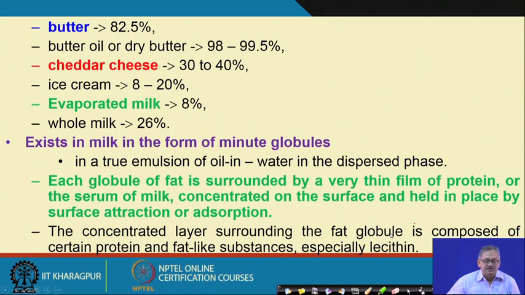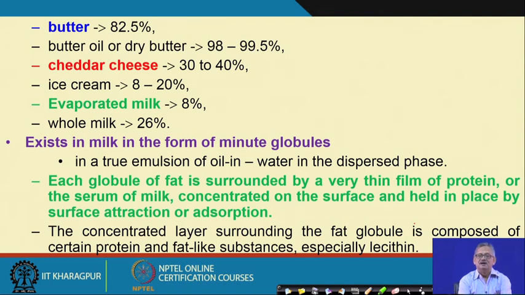Butter oil, which is dry butter, is around 98 to 99.5% fat, with as little water as possible, depending on the purity.